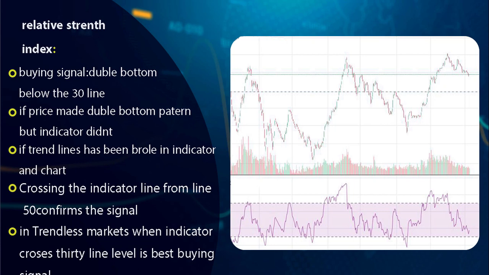Okay. For example, at this line, when the indicator line crosses this downward trend line, sorry, when the indicator crosses this line, at this point we can get a buying signal.